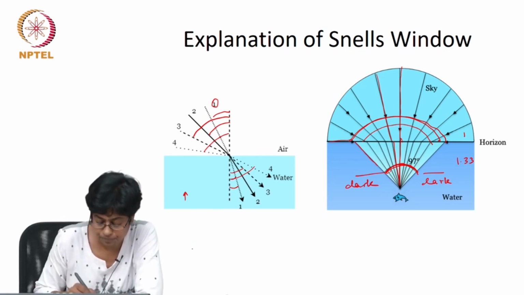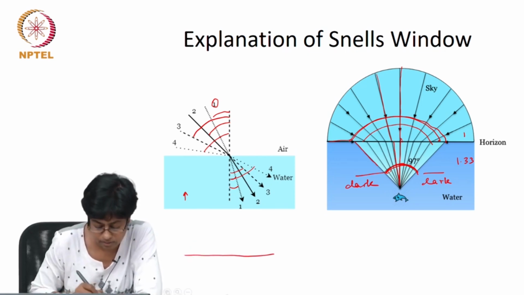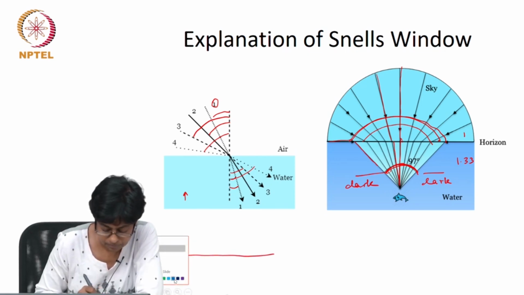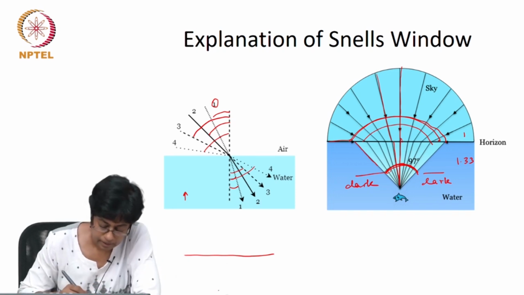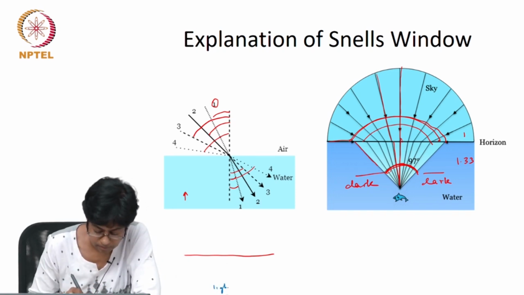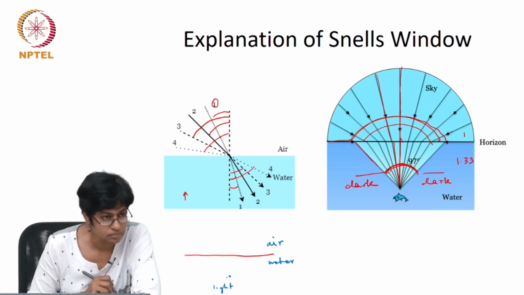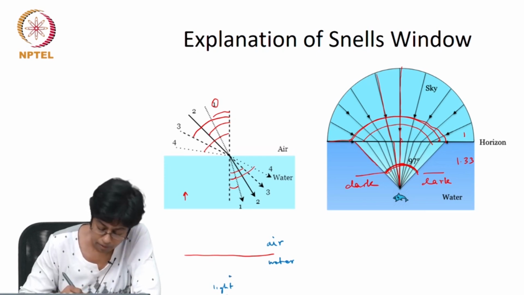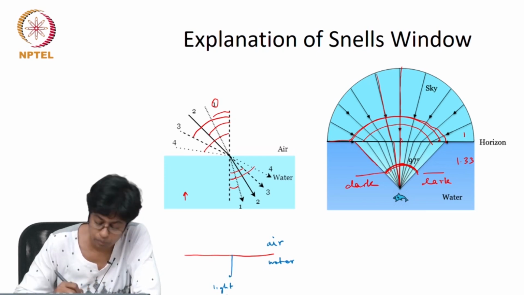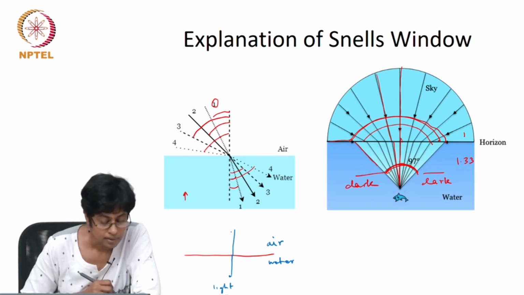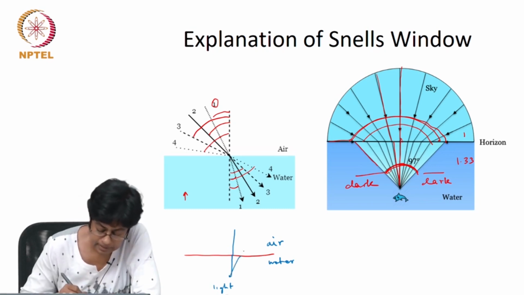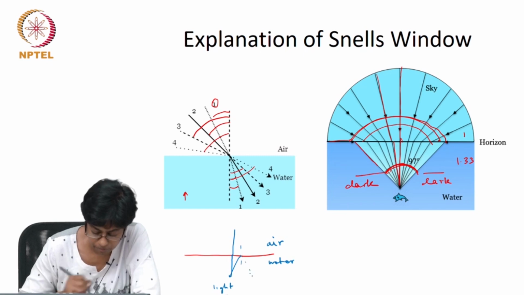You can think of it like this. If the light source were here, say the light source, so this is water, this is air. If the light source were in the water, of course, the normal ray would continue through, but the ray incident at some angle would get reflected, right?